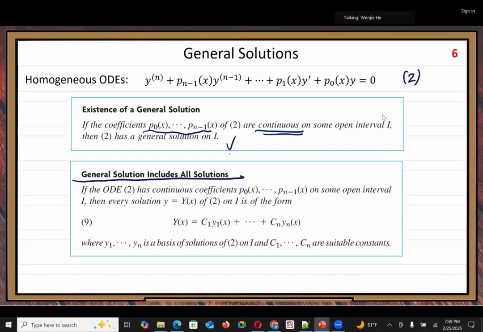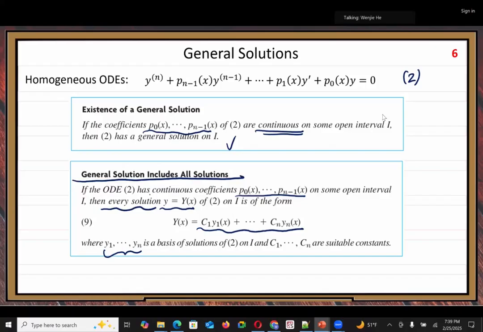The meaning is, if equation 2 has continuous coefficients on some open interval I, then every solution y of 2 can be represented as a linear combination of n functions, and these n functions form a basis of the solution space. So that's the result: every solution.